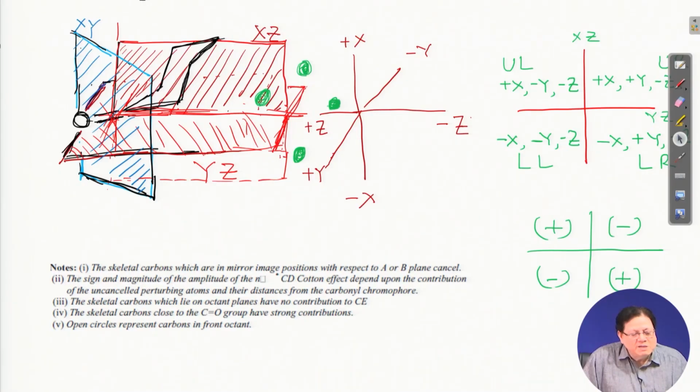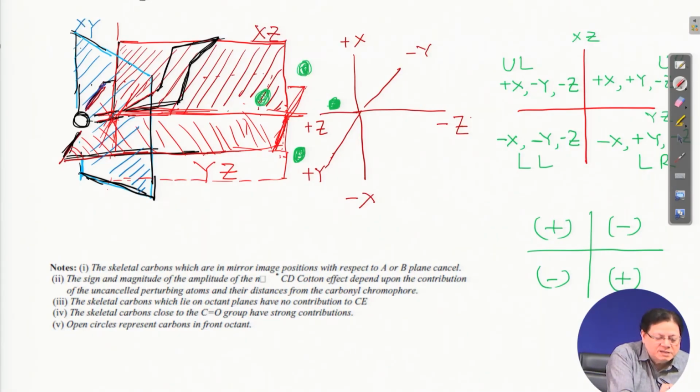The octant rule is basically that you place the cyclohexanone in such a way as shown here, with this carbonyl. It is a three dimensional space, so you divide the three dimensional space by three planes, namely the xy, the xz and the yz plane.